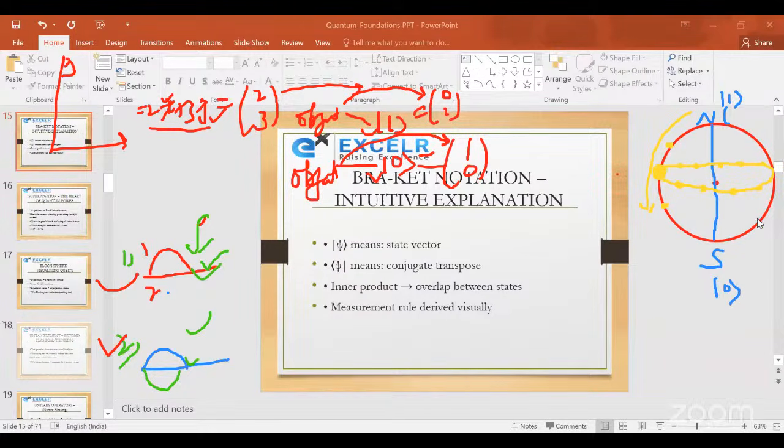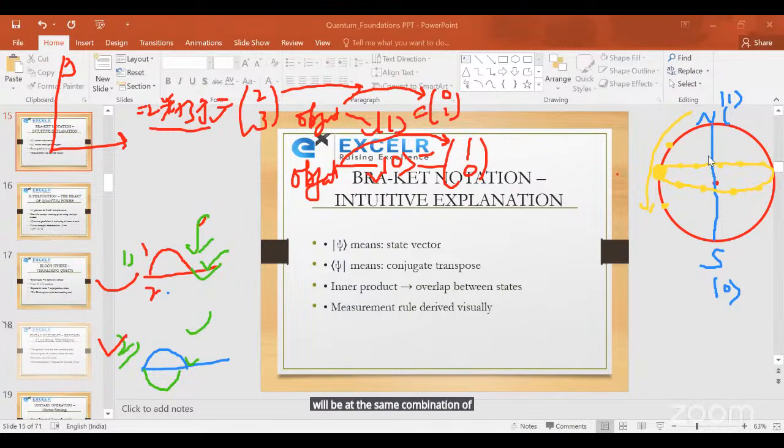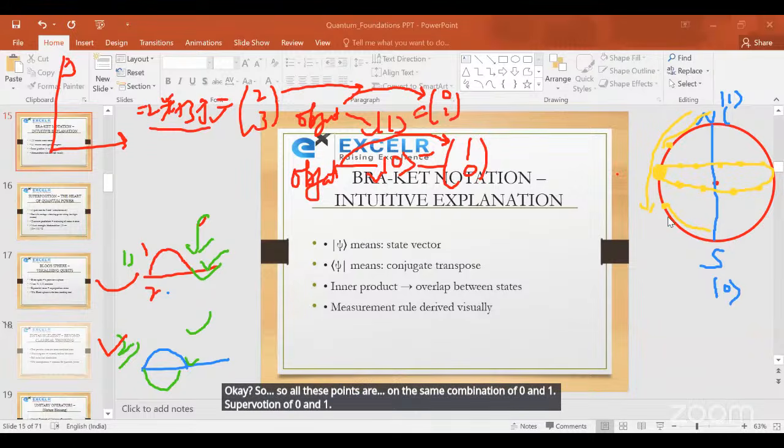This circumference, suppose this is in the middle, is called a great circle. Then all the points will have the same combination, the superposition of 0 and 1, because from here it is the same distance, and from here it is the same distance. But still each point will be different.